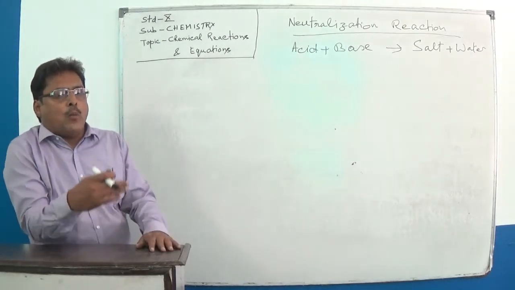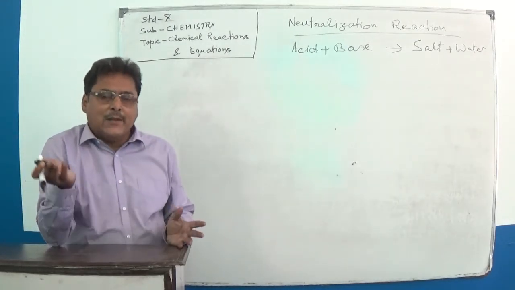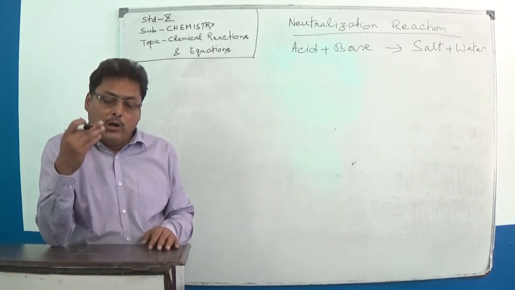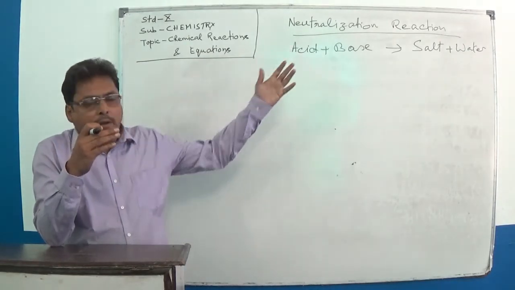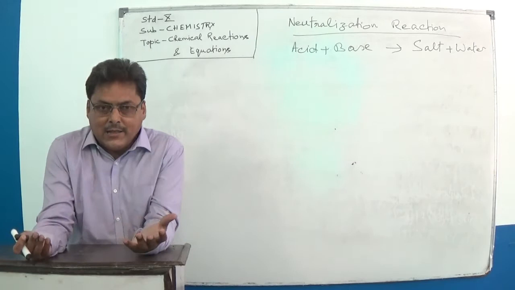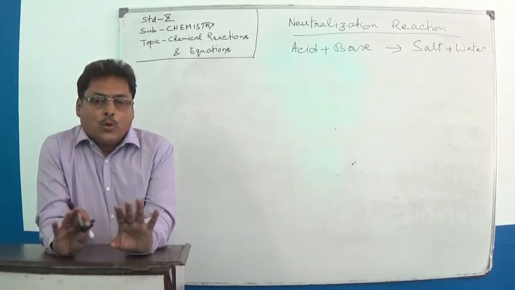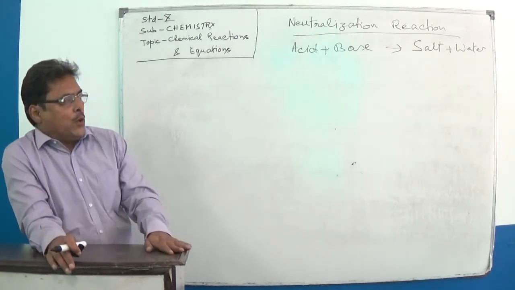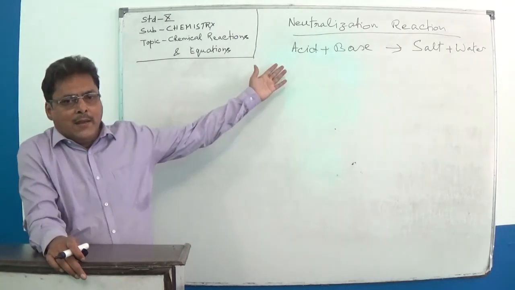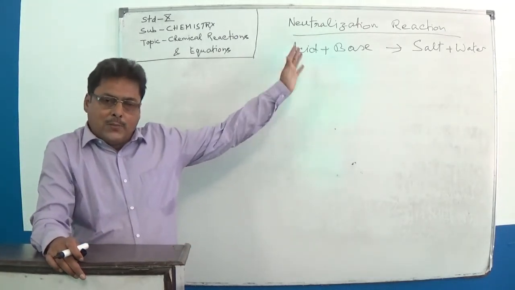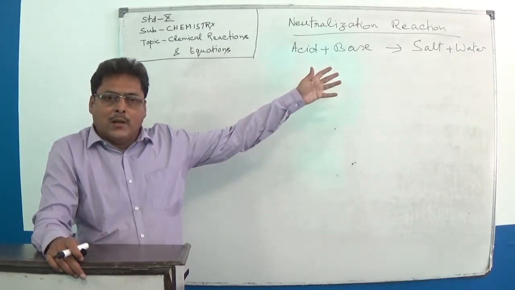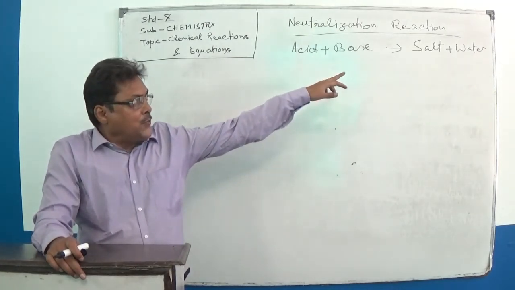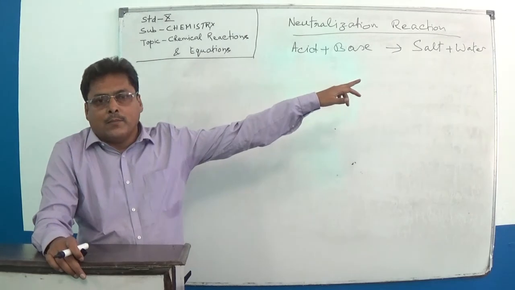Neutralization reaction, commonly known as acid-base reaction. We will learn in detail about it in our next chapter, acids, bases and salts, so I am not going into detail here. Just showing that when an acid solution is mixed with a base solution, a salt is produced with water.